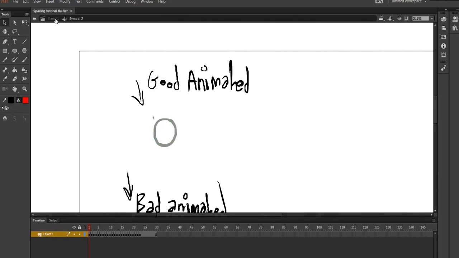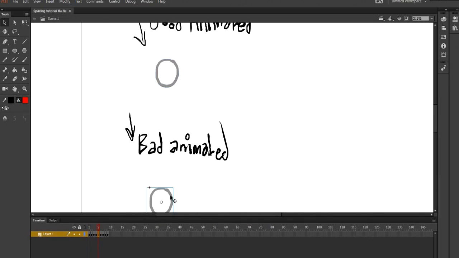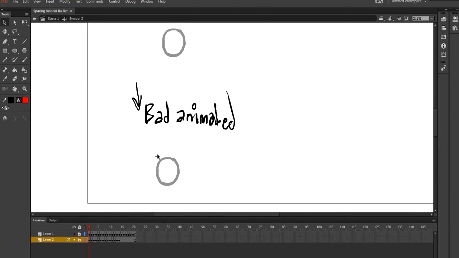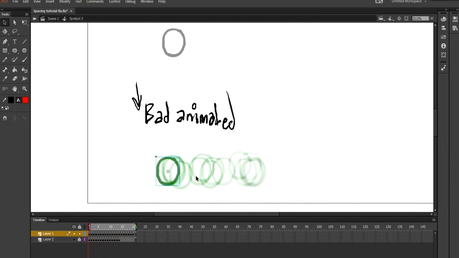Now for my example of bad spacing. I have two examples, and this one's a bit more akin to the last one. It looks like there's an earthquake. Look at this.